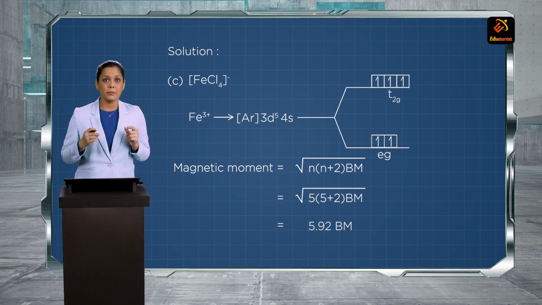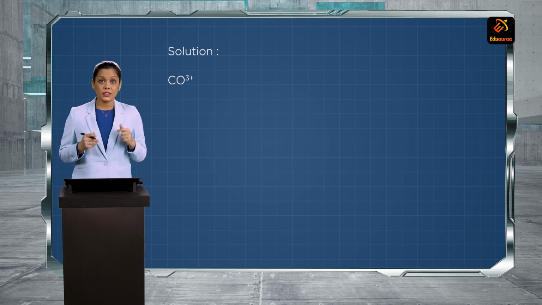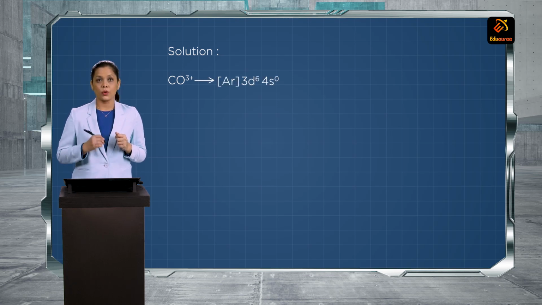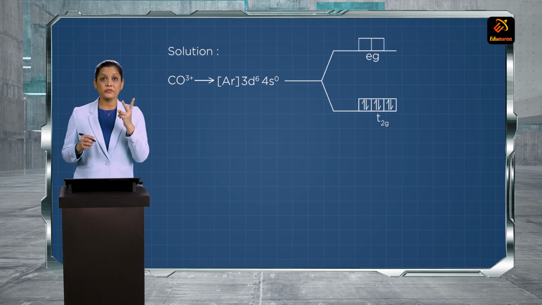And the answer will be 5.92 BM. The second complex, the cobalt complex, has cobalt in +3 oxidation state. In +3 oxidation state, cobalt shows a configuration of argon 3d6 4s0. Also, the complex has 2 strong field ligands, that is En and ammonia.